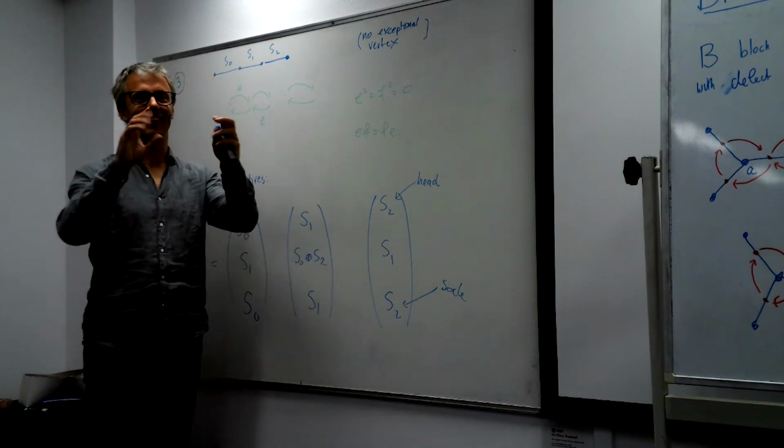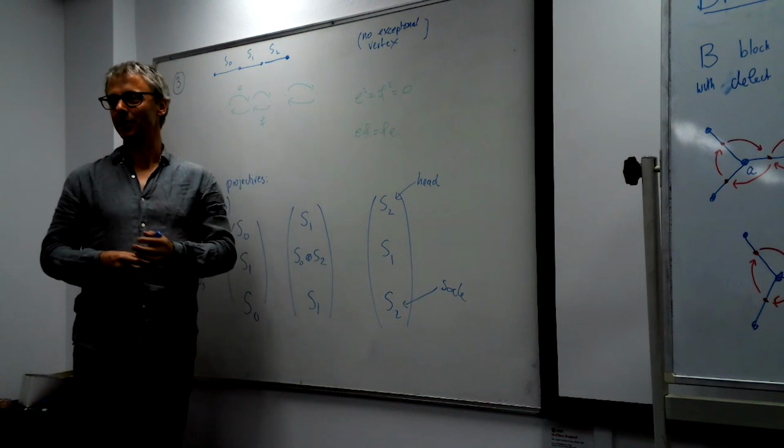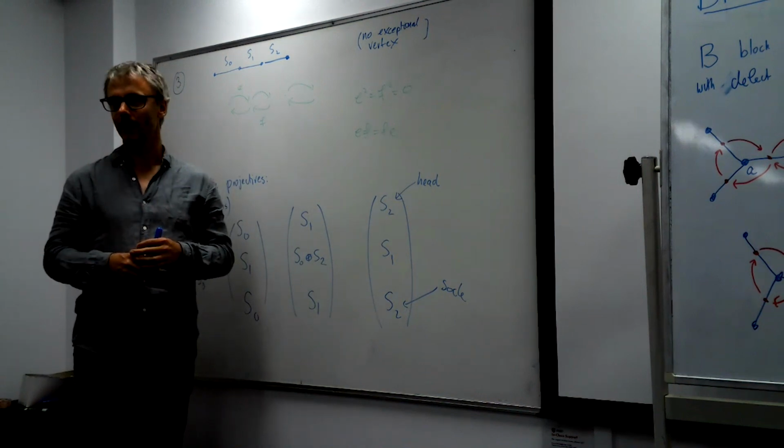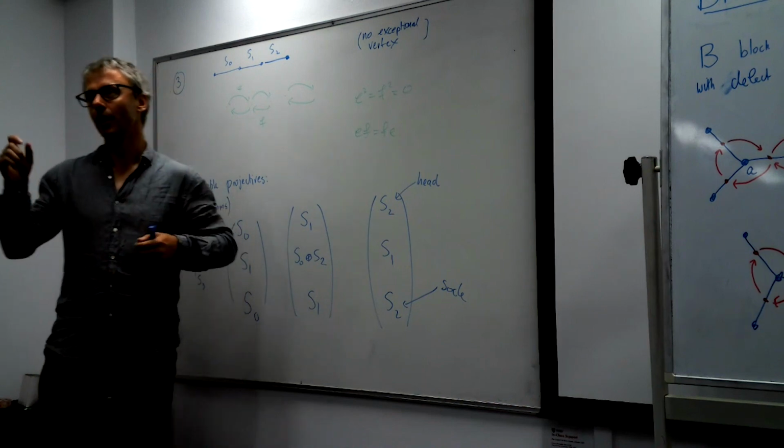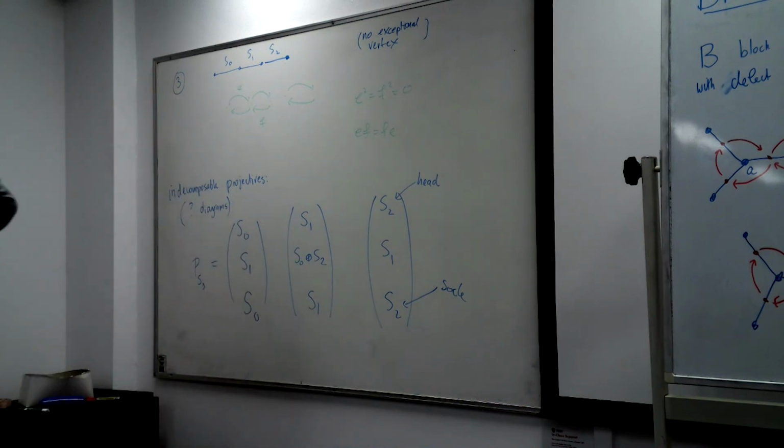We're over, so KG is a symmetric algebra. What that implies is that KG is isomorphic to its dual. So the regular representation is self-dual.